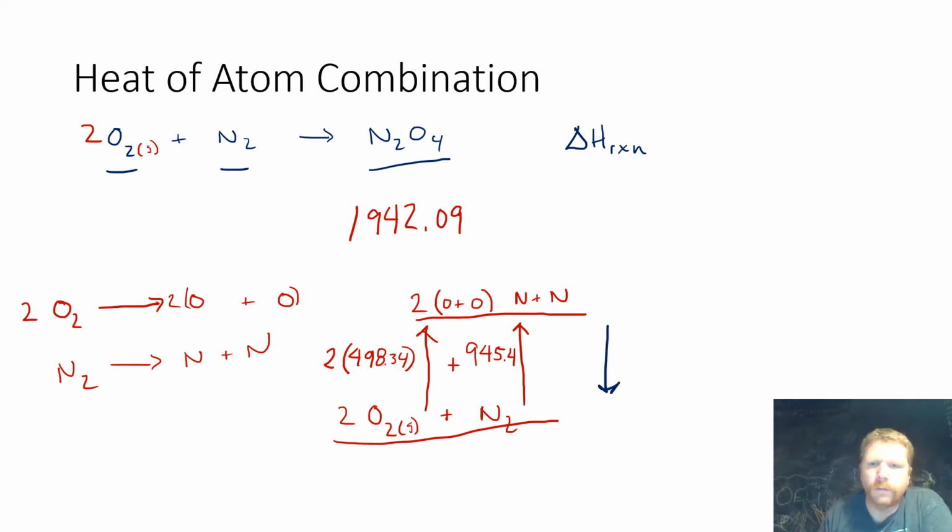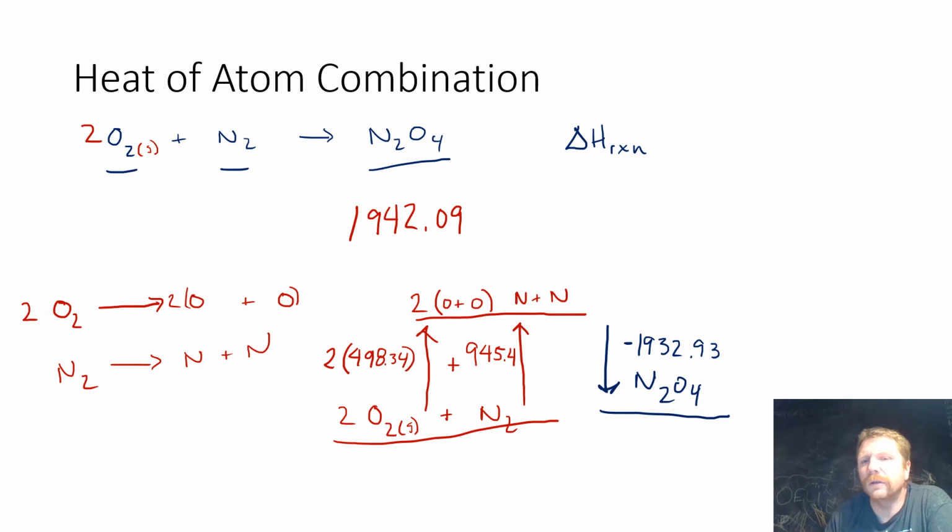Now what I'm going to do after that is take these components and make 1 mole of N2O4. So the delta HAC for N2O4 is going to be negative because I'm making bonds here. So what is my negative there? That's negative 1932.93. Okay, so what is my total, my delta H of this? Well, I input 1942.09 and then I got out 1932.93.